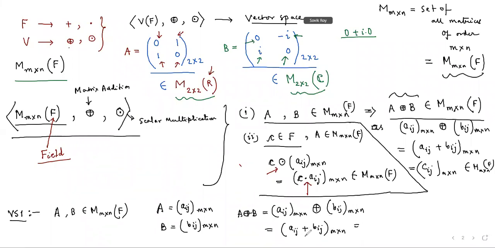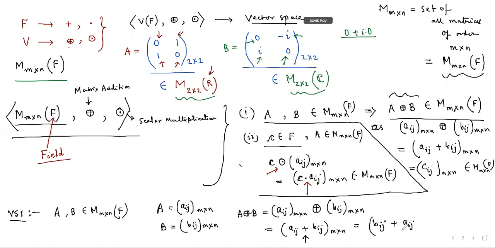But here I have used this operation, remember, and since these scalar quantities had been taken from a field, and a field is commutative with respect to addition, I can interchange the two terms. Right now you will understand why a field is important.